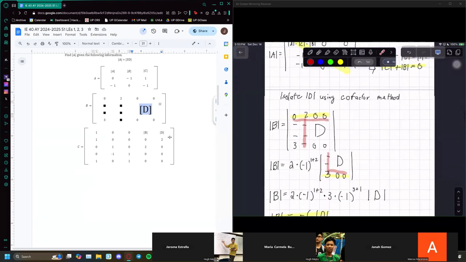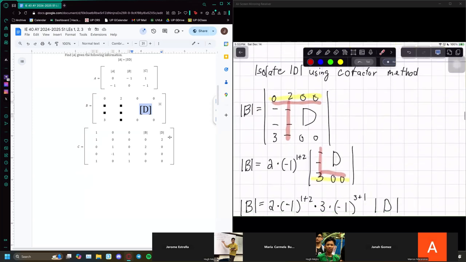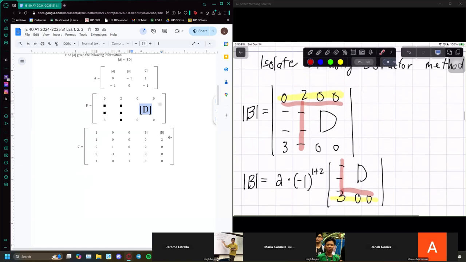When you do the cofactor method, usually you want to choose a row that has many zeros. And our best case is if everything except one element is a zero.